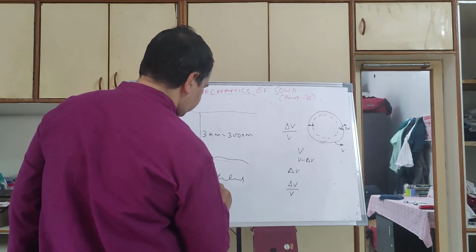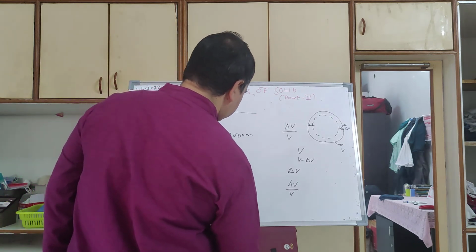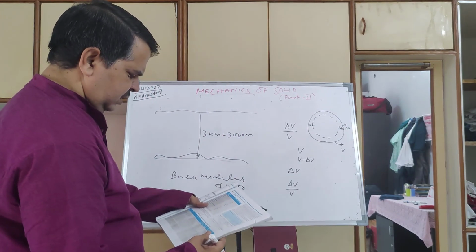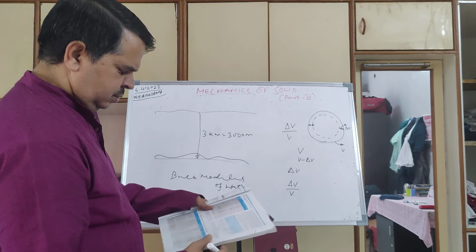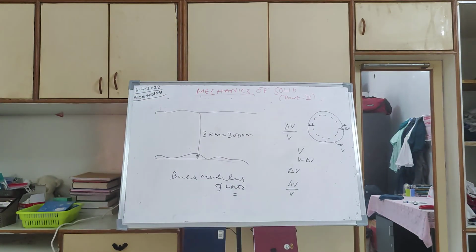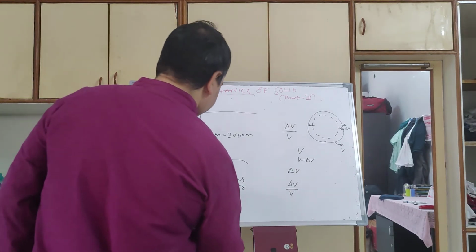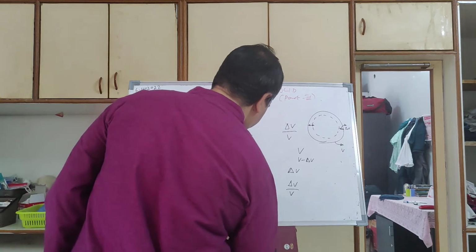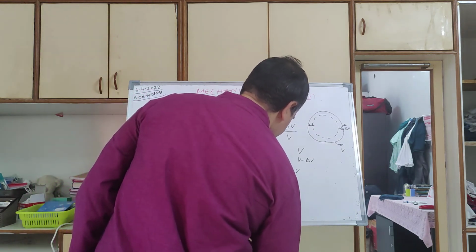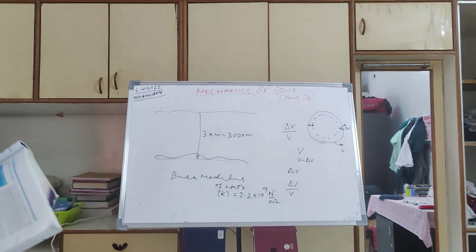So here comes the usage of bulk modulus. The bulk modulus of water is 2.2 into 10 to the power 9. So bulk modulus K is 2.2 into 10 to the power 9 Newton per meter square.